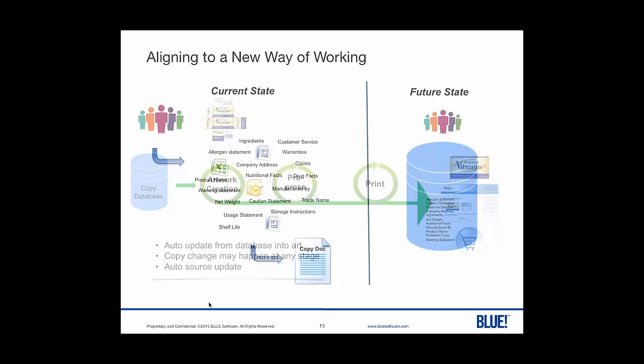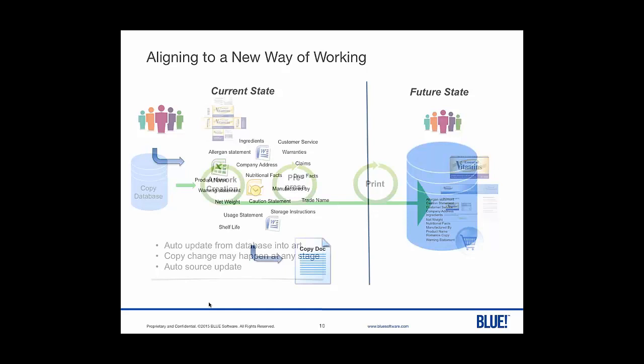And we're not necessarily talking about the copy document going away, because a lot of companies rely on their copy documents. We're just talking about maybe thinking about it a little bit differently, and that the copy document could just be a byproduct of the information that's kept in the database, but people are actually interacting with the database through some kind of nice UI that they can manage this copy in.